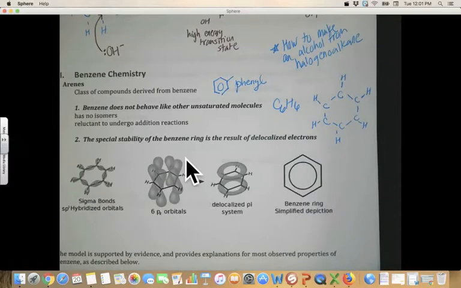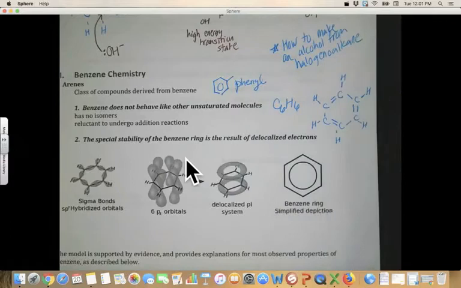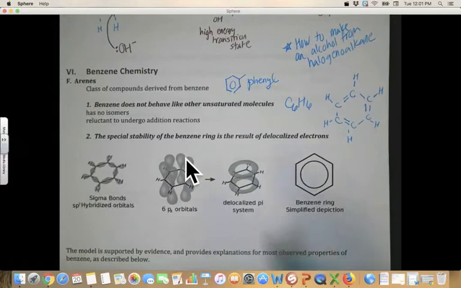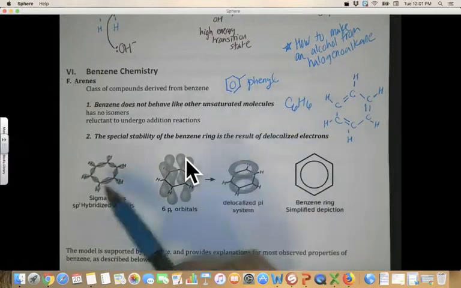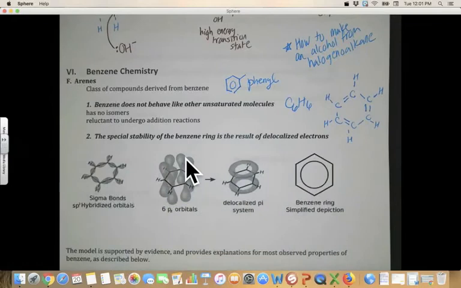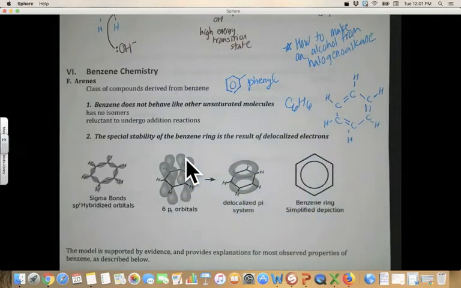Now that doesn't account for all the bonding, so people would draw it originally with alternating double bonds, and then they could draw this resonance structure, and that's not really correct. So the single bonds form this planar structure. They're called sigma bonds. And then the double bonds actually stick up above and below the plane of the rest of the molecule.